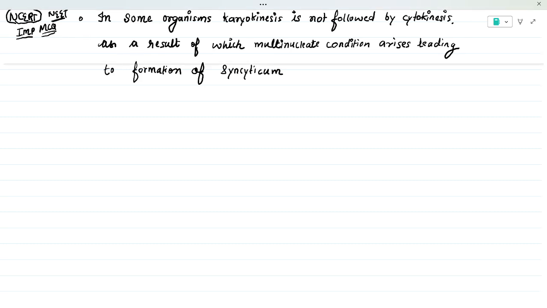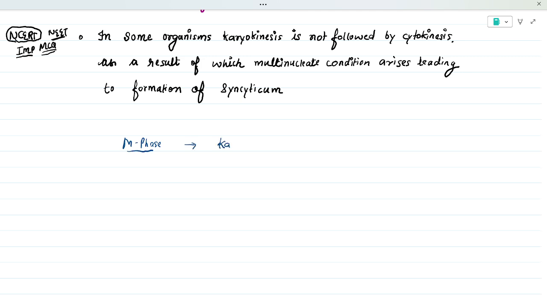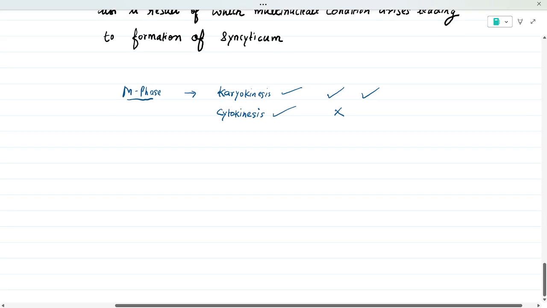So we all know in M phase, firstly karyokinesis occurs, then after karyokinesis cytokinesis occurs, right? But in some cells only karyokinesis is going to occur again and again without following any cytokinesis.